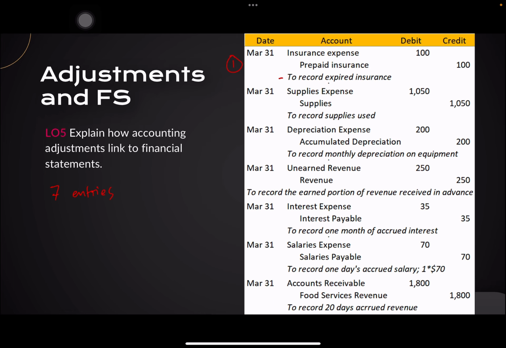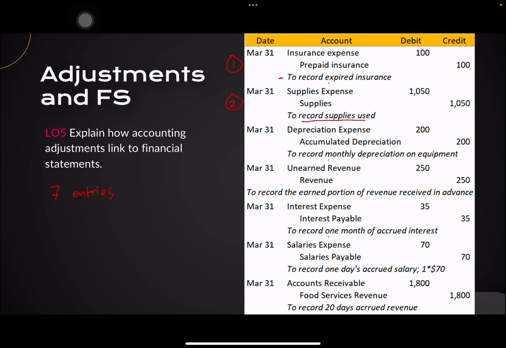Okay, so we're doing this exercise to ascertain that all of these 7 adjusting entries, all of these accounts are properly recorded in the worksheet. So we've already managed to trace adjusting entry number 1. The second adjusting entry, the nature here is that we recorded the supplies that we've already consumed.